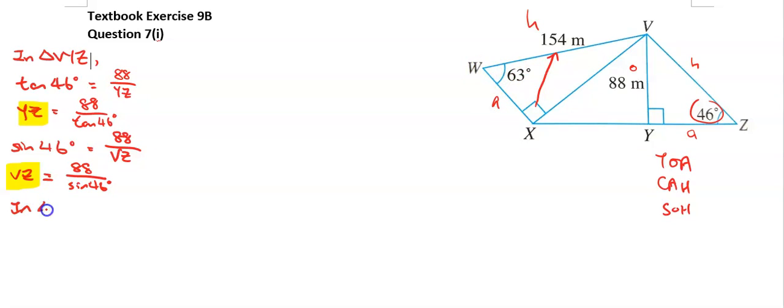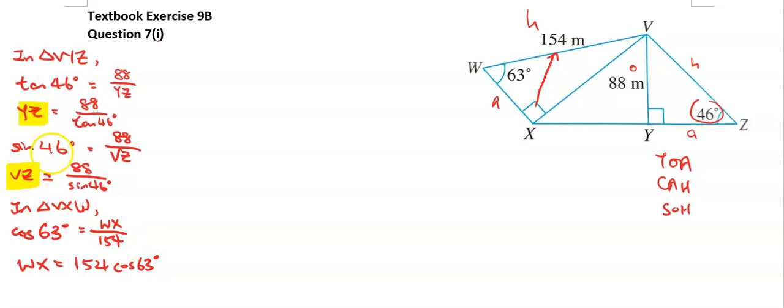So in triangle VXW, A and H, we use cosine. Cosine 63 degrees equals adjacent WX over 154, which is the hypotenuse. So WX will be expressed as 154 times cosine 63 degrees. We will need to use this later when we add up all the sides forming the perimeter of this diagram.